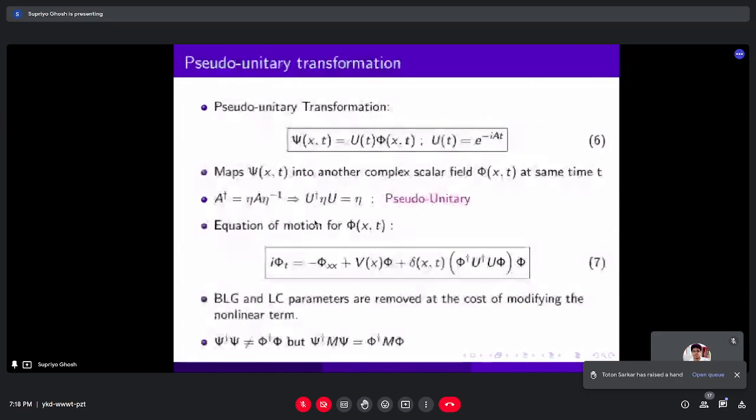This transformation basically maps ψ into another complex scalar field at the same time t. After this transformation, the equation of motion for φ is given in equation 7. You can see that due to the pseudo-unitary transformation, the balanced loss-gain term, which was given by the matrix A, is removed at the cost of modifying the nonlinear term.